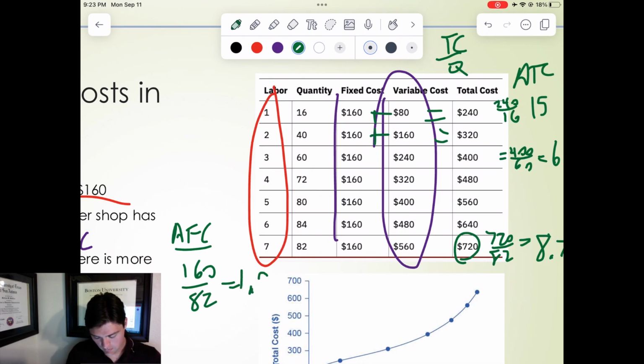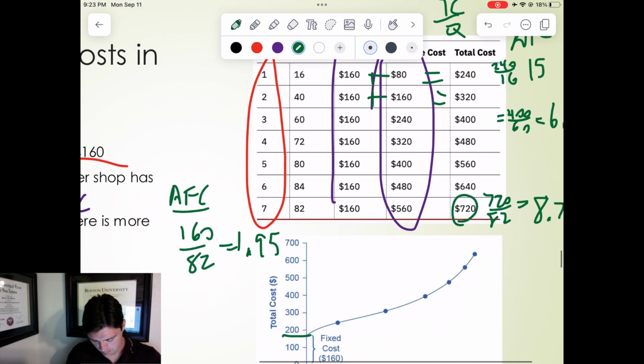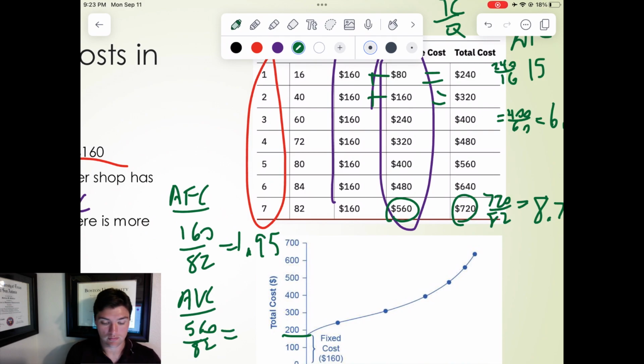You can do the same thing for the variable cost. For average variable cost, that should be 560 divided by 82, and that should be 6.83.